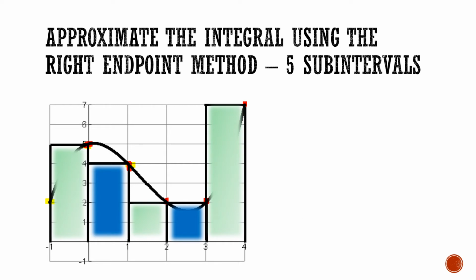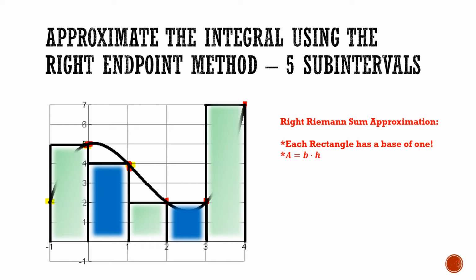And then what I want to do is I actually want to find the area of each rectangle to get an approximation. So for my right Riemann sum approximation, I'm going to take the area of each rectangle. Now, what I need to understand is that area for a rectangle is equal to base times height. All right, and all of these rectangles that we drew have a base of 1 unit.